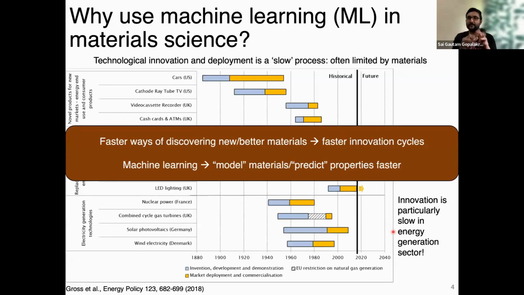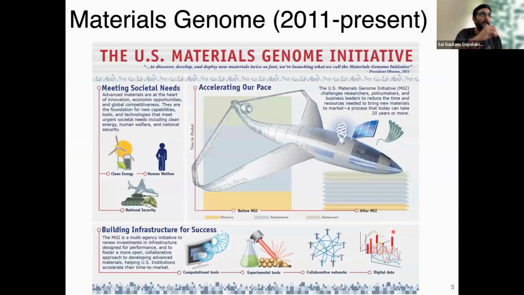So we now understand why material science is important and why machine learning is important within material science, right? And the big boost, the big look towards machine learning within material science, I would say started around 2011 when the US government announced the Materials Genome Initiative. Machine learning as a topic started picking up in the early 2000s again.